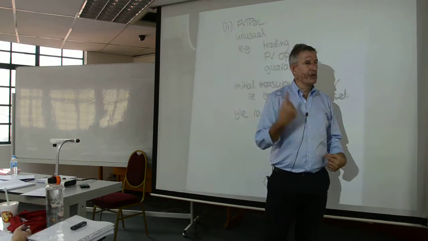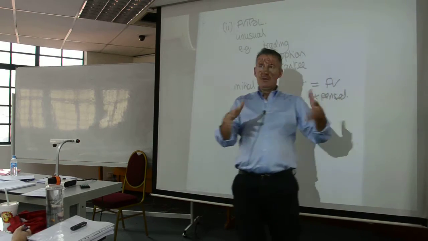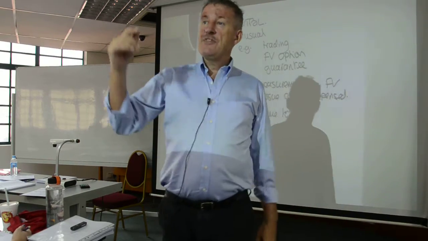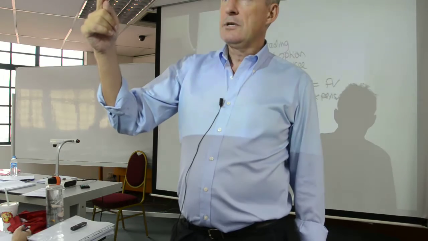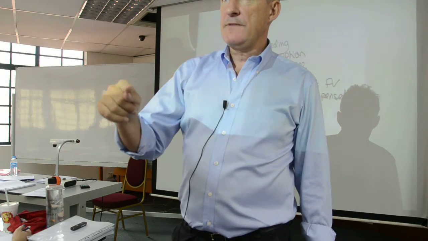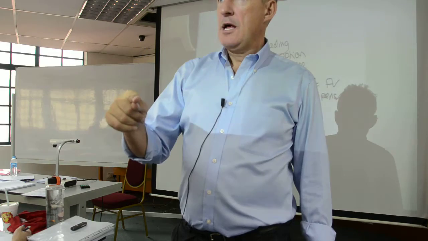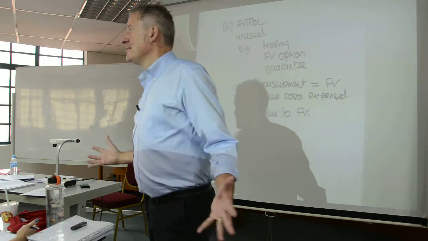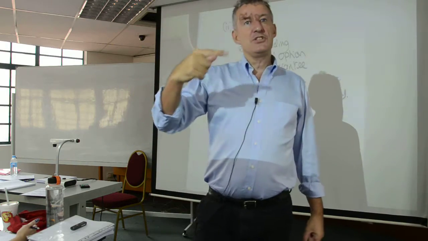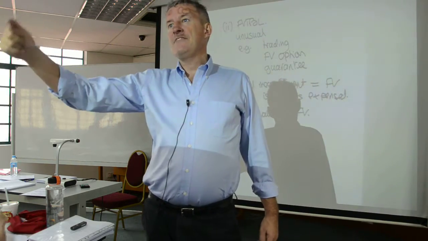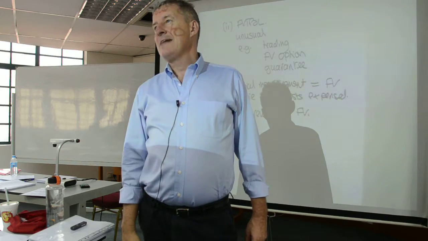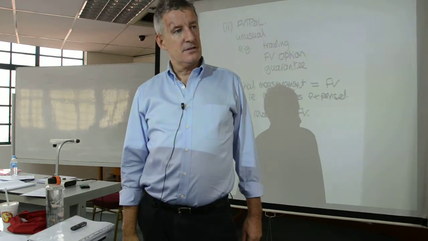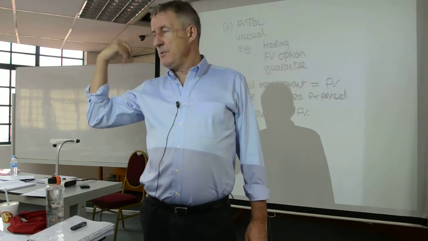If my credit risk goes up, if I become dodgy, if I become at risk of failure, then the fair value of my liability goes 100, 90, 80, 70, 60. And does that give me a gain or a loss? It gives me a gain. So if I have issued a liability and I have it at fair value through P&L and my credit risk gets worse, then I have a profit, which is a little bit loopy.